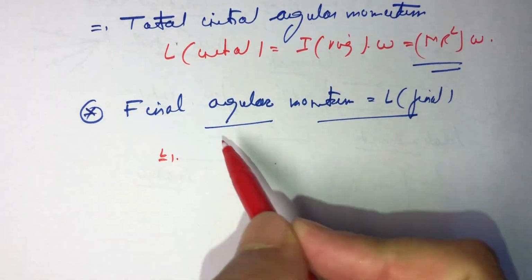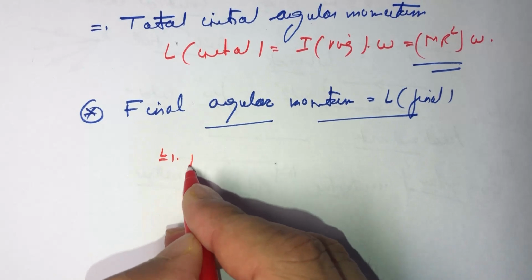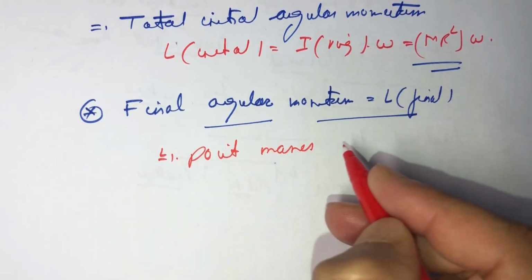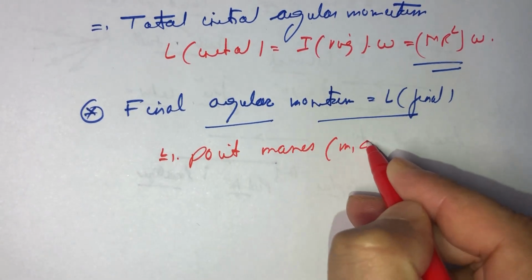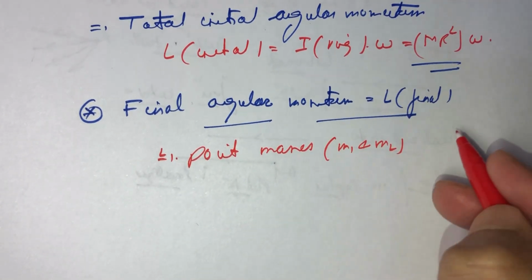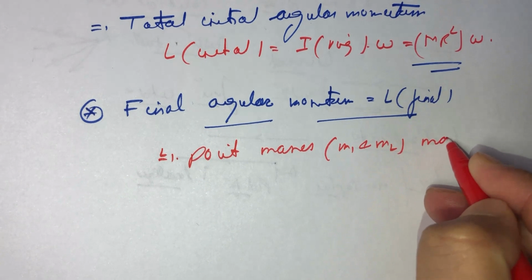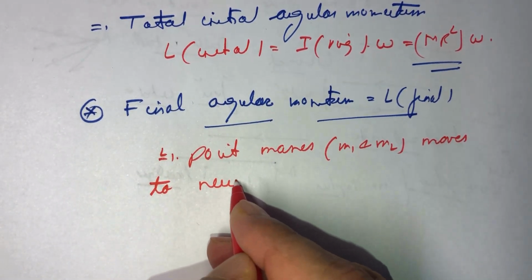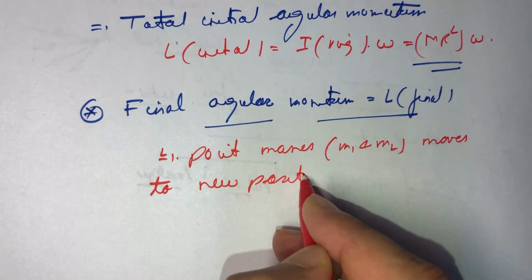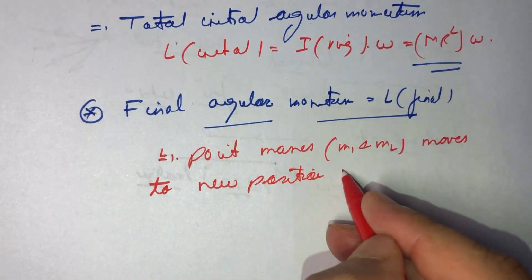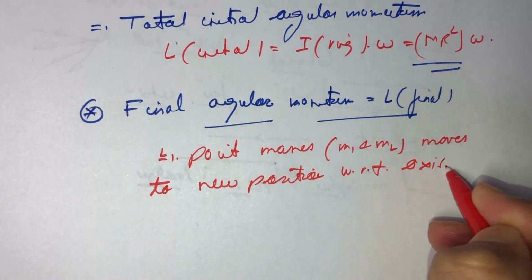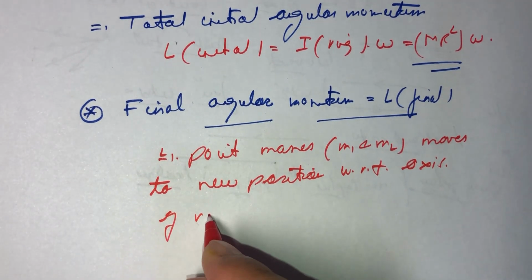So we can say point masses, let us suppose we call them M1 and M2, move to a new position with respect to the axis of rotation.